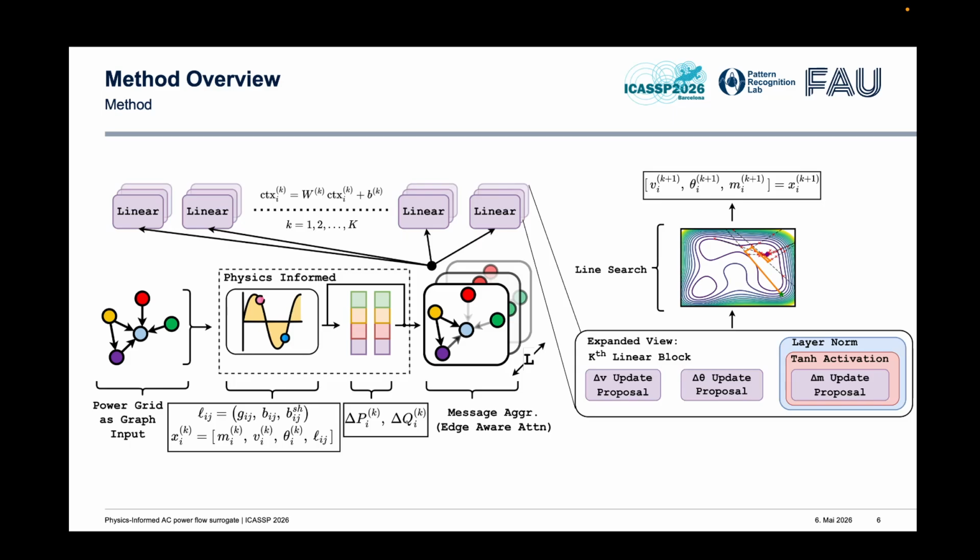And second, for the inference gap, we designed a backtracking line search-based inference-time correction operator, instead of directly accepting the voltage state update proposal based on the aggregated message. I will take a closer look at these two main components on the next slide.